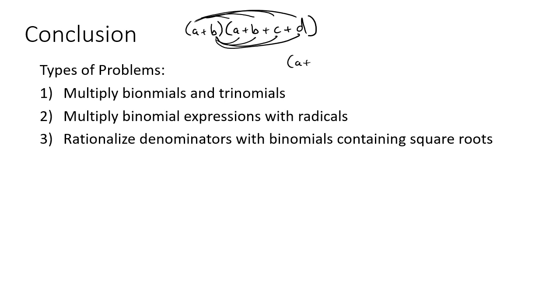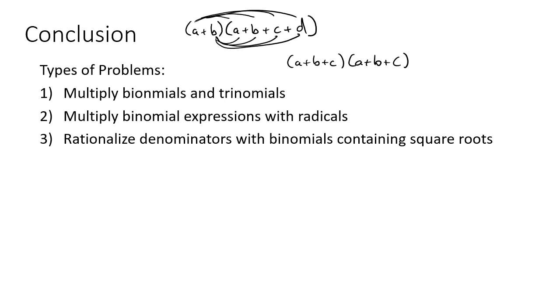If you had a trinomial times a trinomial, you would distribute the a through to all 3, distribute the b through to all 3, distribute the c through to all 3. So you would end up with 9 terms in total. All right, so really it's just distribution when all is said and done.